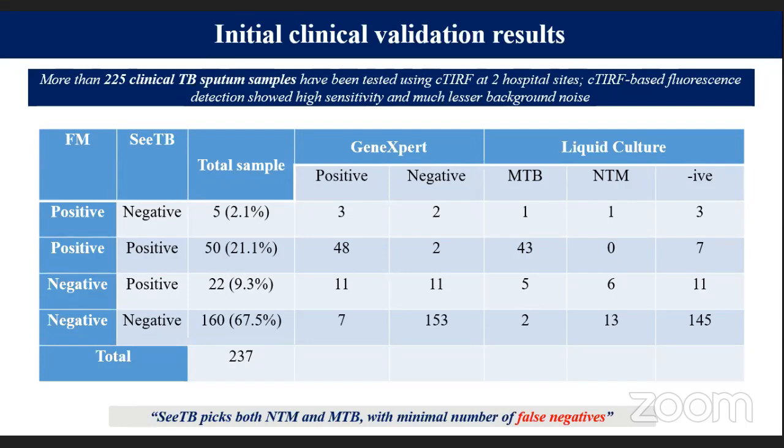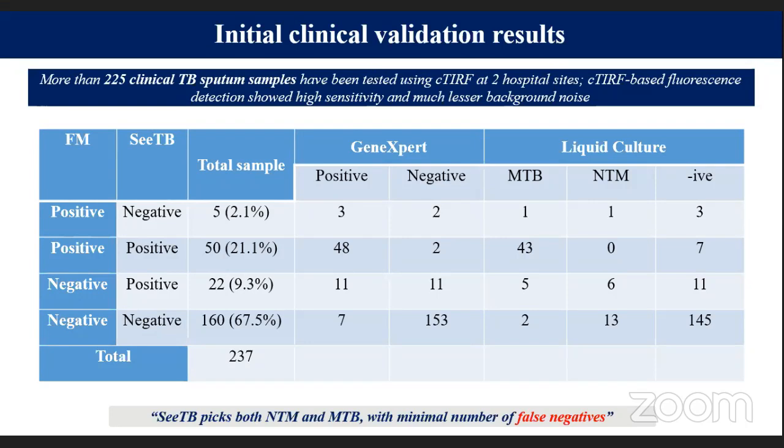You can see there is a difference here in the liquid culture number as well as in GeneXpert and in our SeeTB, because there are non-tuberculosis mycobacteria also present in the sputum. These belong to the Mycobacterium family, but they are non-tuberculosis, so they do not cause TB.